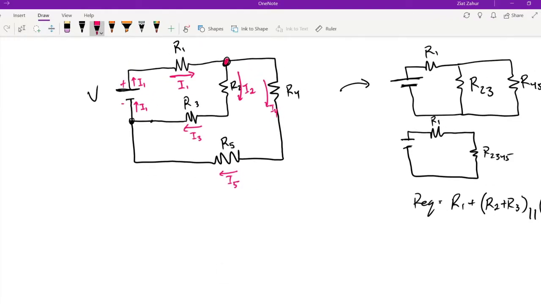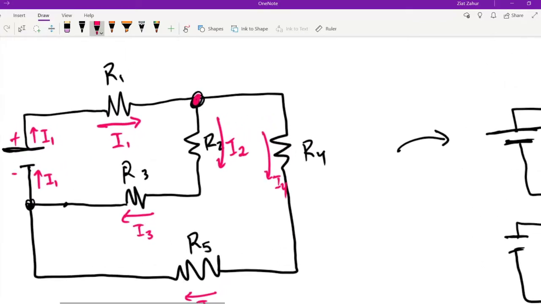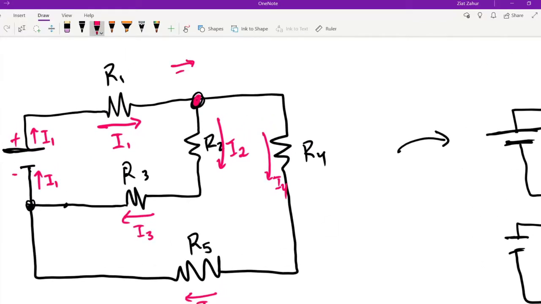We know that at this junction, we have I1 to the right, downwards is I2, and then we have I4. I4 to the right, I2 down, and I1 to the right going into the junction, the other two coming out of the junction.